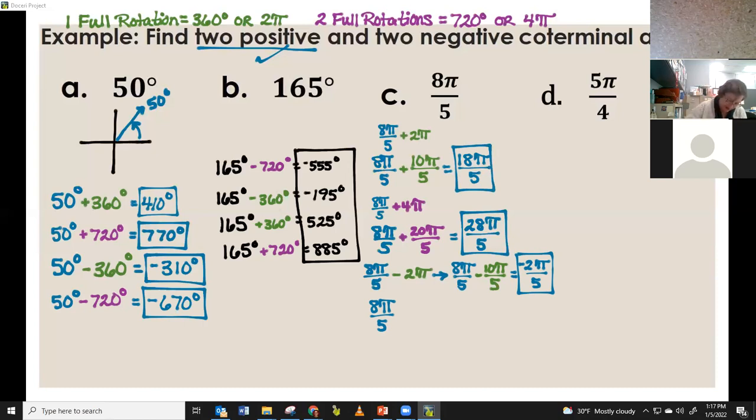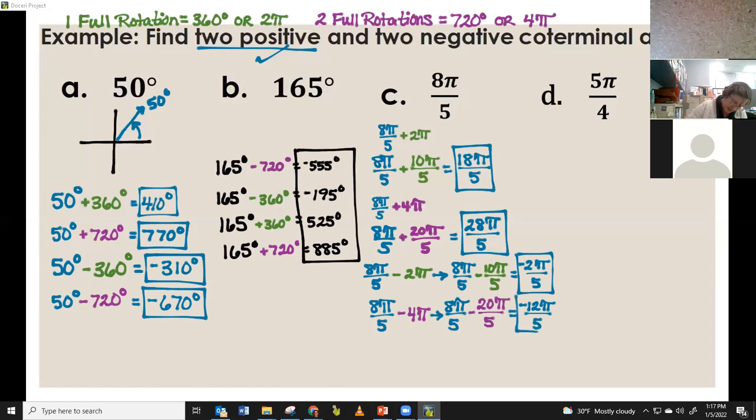Minus 20 pi over 5. Yes. So we're going to subtract 4 pi, which is the same thing as minusing 20 pi over 5. So what would my other negative coterminal be? Negative 12 pi over 5. Love it.